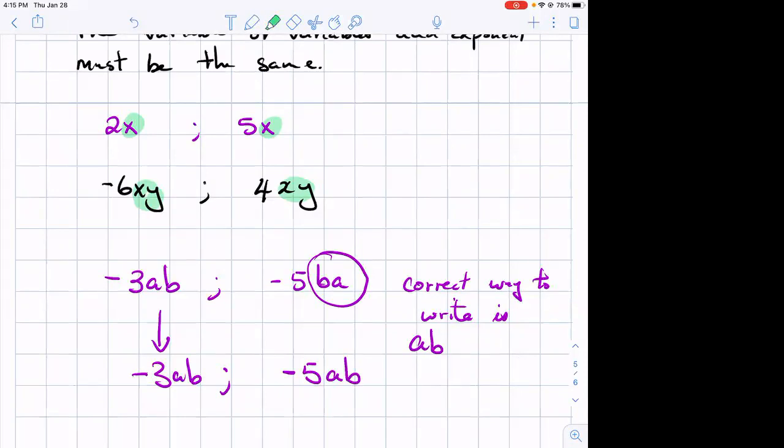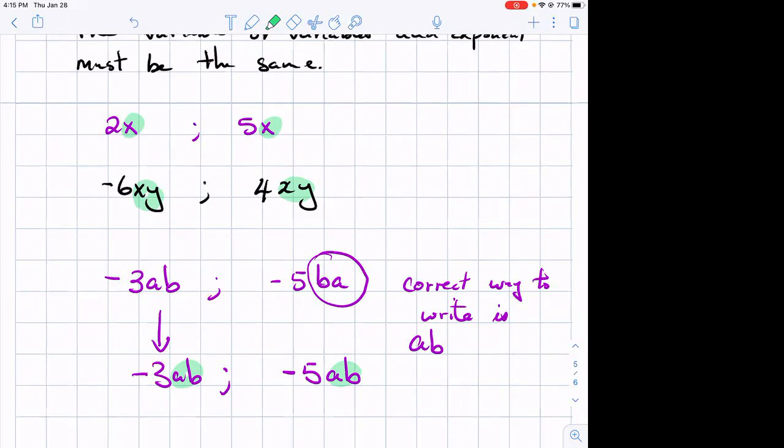And now, if you notice, the variables are the same. So just something to pay attention to, okay? These are all like terms. So remember, once again, for them to be like terms, the letter has to be the same and the power has to be the same, okay?